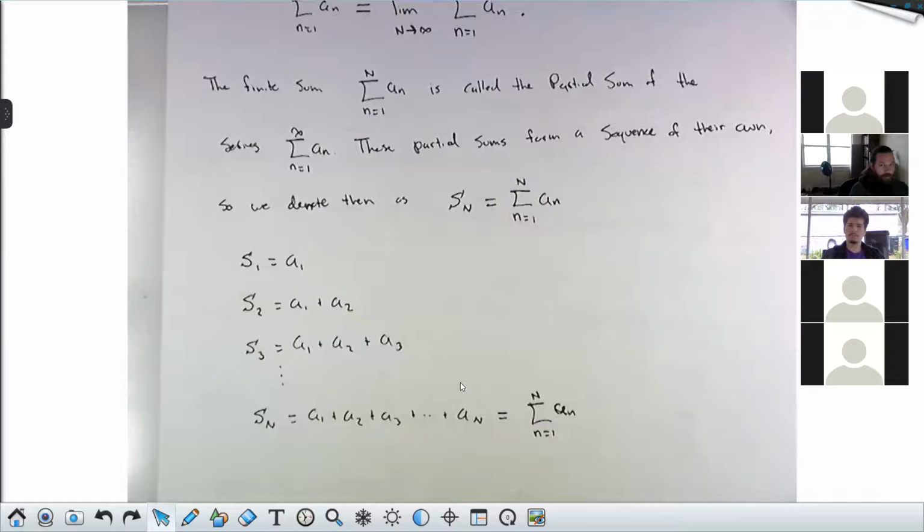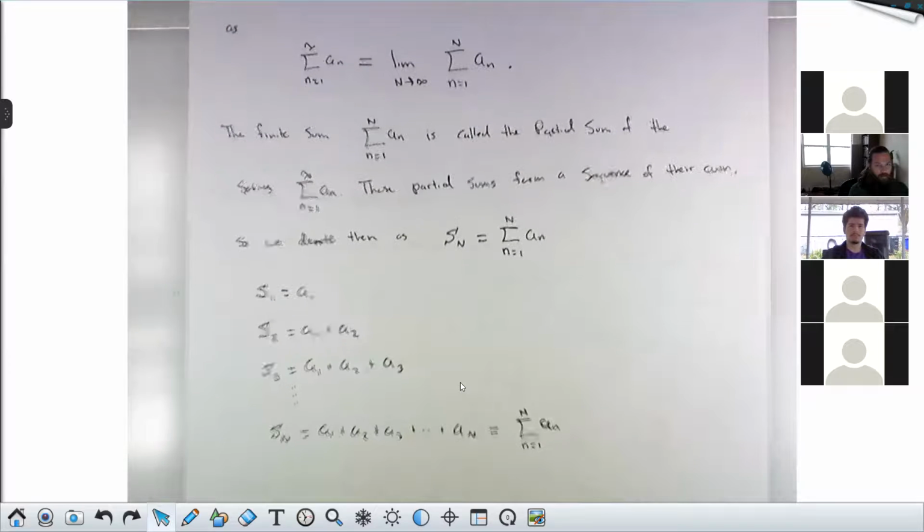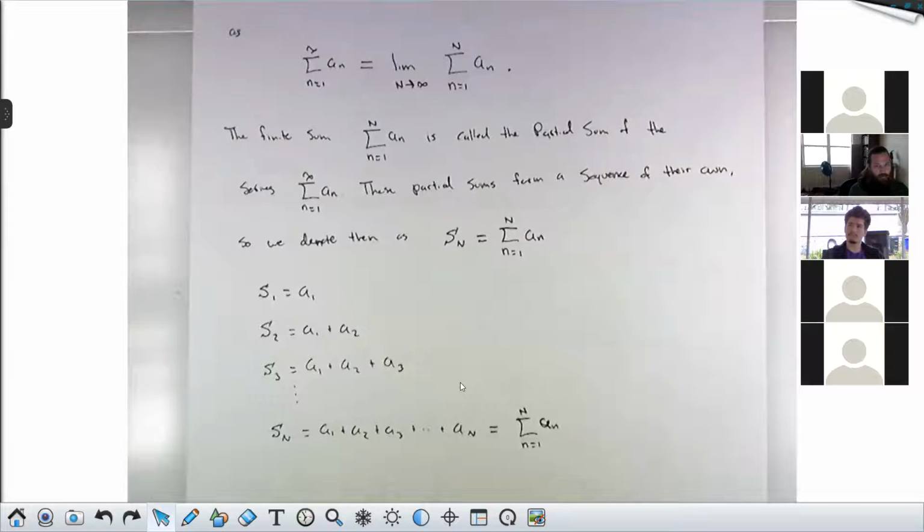All right. This is how we define an infinite series. It is the limit as n goes to infinity of the nth partial sum.